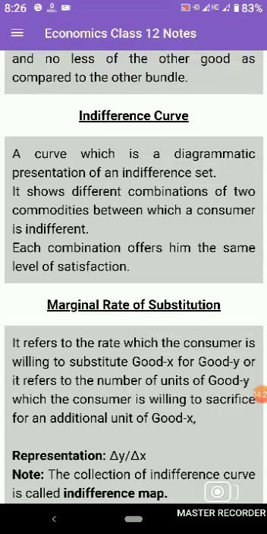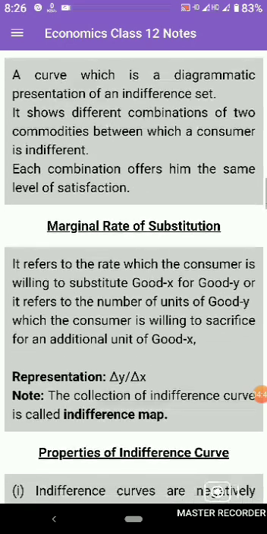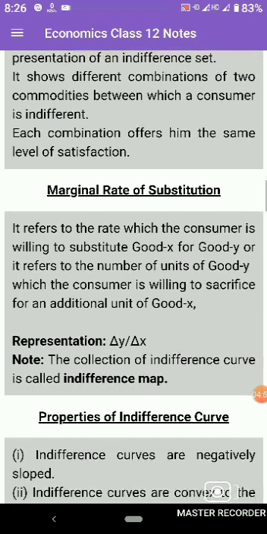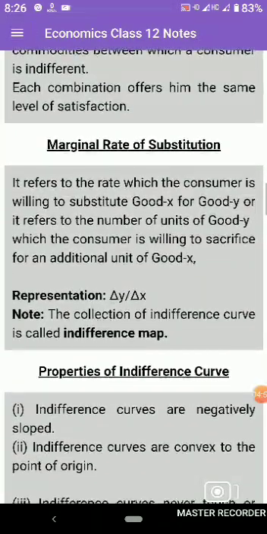Marginal rate of substitution: it refers to the rate at which the consumer is willing to substitute good X for good Y, or the number of units of good Y which the consumer is willing to sacrifice for an additional unit of good X. MRS = change in commodity Y upon change in commodity X. Note, the collection of indifference curves is called an indifference map.